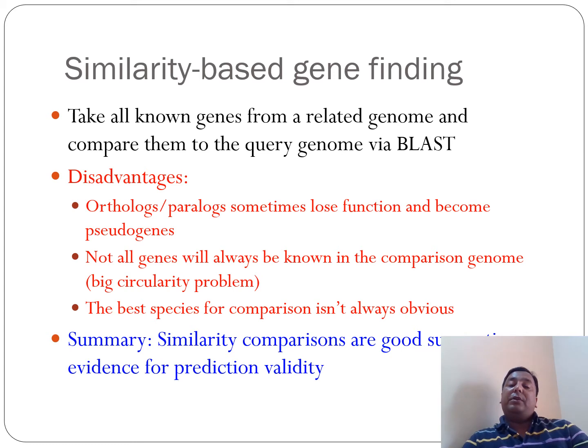Now if we talk about the similarity based gene finding methods, it talks about how we are going to find the similar genes from the databases and from the defined sequences in terms of orthologous genes, paralogous genes, the genes which have the same functions, genes which have different functions.